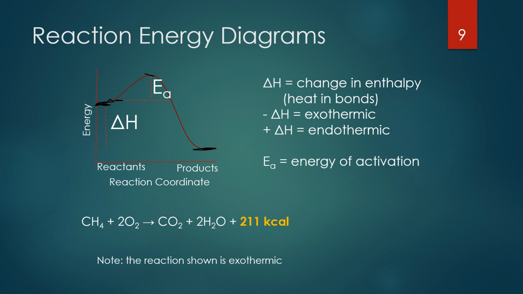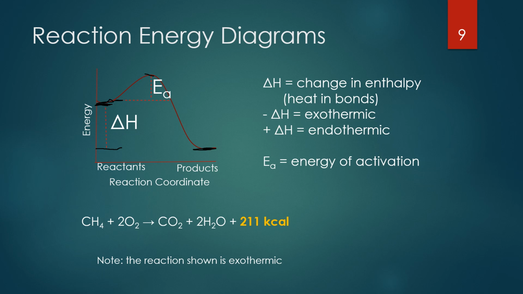From these reaction energy diagrams, we can also figure out what the delta H is. So delta H, that change in enthalpy that we are going to use to help determine whether reactions are endothermic or exothermic, is represented on this diagram, and it is the distance from the products, so the products being here, if I could draw a straight line all the way over, you'd believe me, all the way up to the reactants.